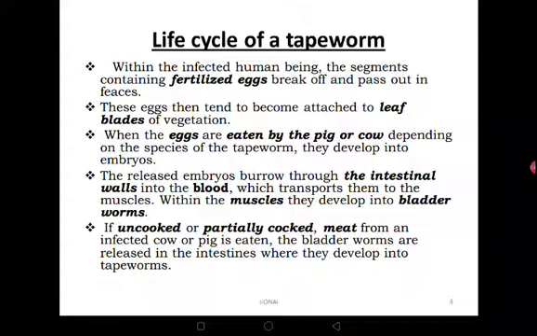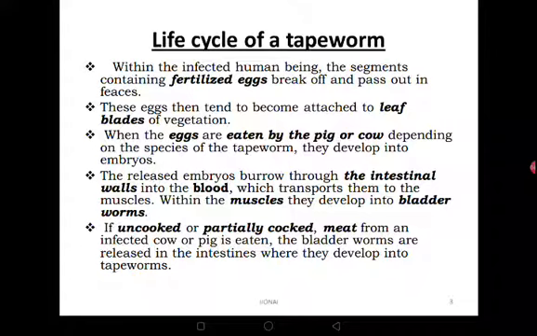So in their muscles, in the meat, in simple terms, these cells now develop into what we call the bladder worms. So they grow from the muscles of these organisms. Now that is how we get it. If you eat uncooked meat, or partially cooked meat, or partially roasted, especially this meat roasted along the way.